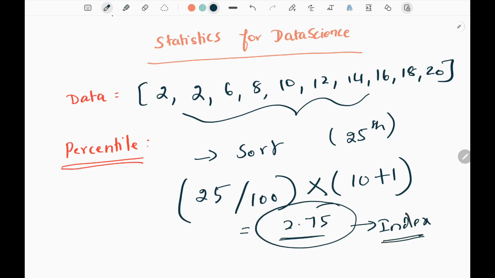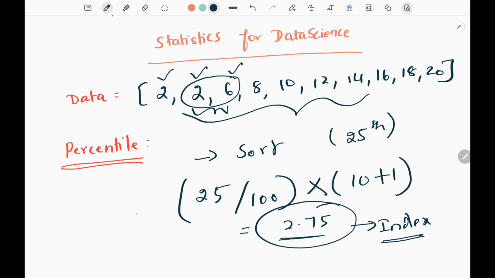So this 2.75 is the index in my data set. So this is my first index and second index, and this is my third index. So 2.75 index is between 2 and 6. So in this case, we need to take average between 2 and 6, right? So we are going to have 4. So 2 plus 6, we are going to get 8.